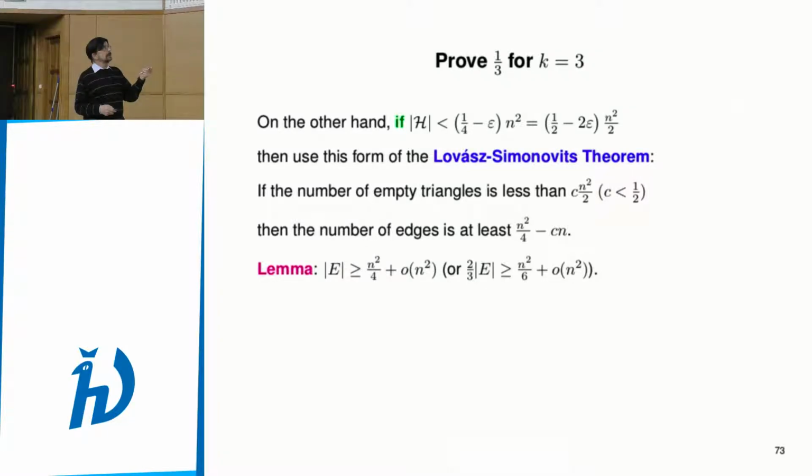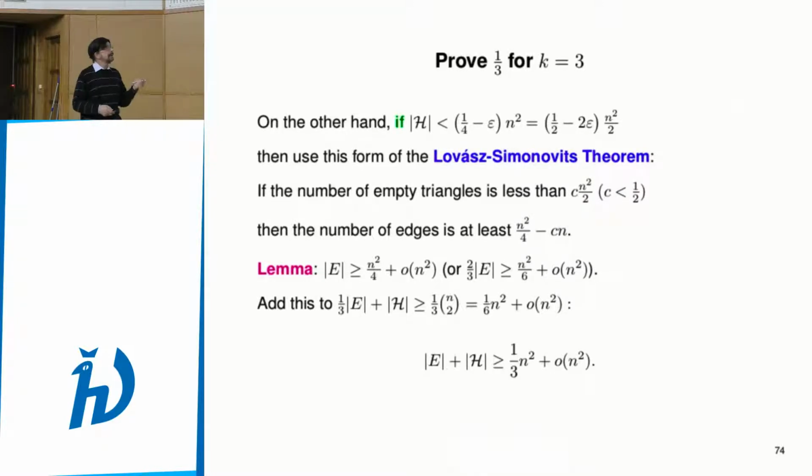I multiplied it with 2/3. Why? Because we had this trivial inequality. One of the first ones, when we counted the 2-element subsets, and this divided by 1/3. So this was 3 times h is more than n choose 2, and it divided by 3.